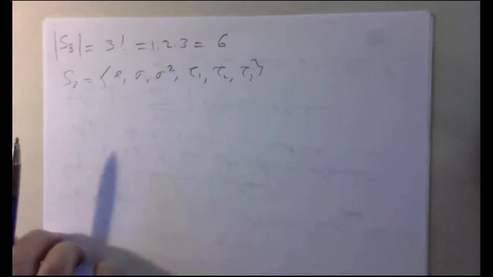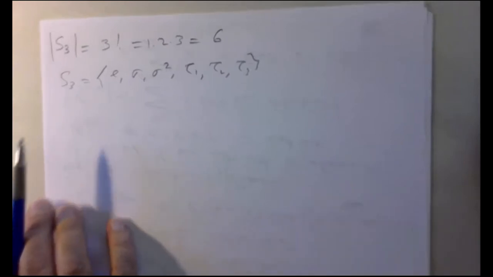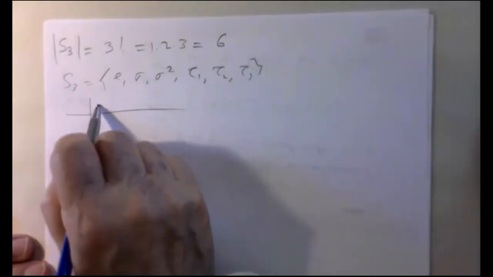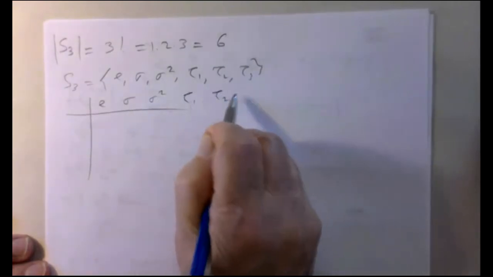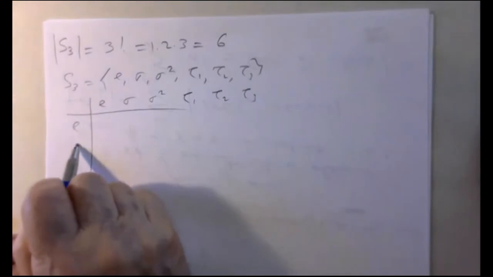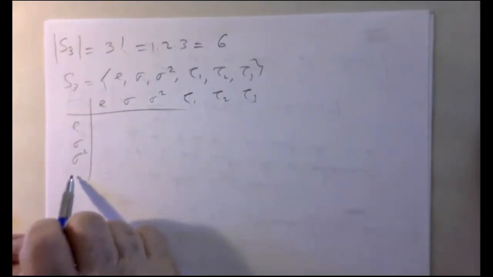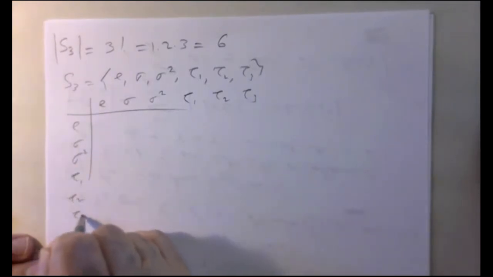Now, to understand the group, you need to know the multiplication table. So we have E, sigma, sigma squared, tau 1, tau 2, tau 3, along both the rows and columns.